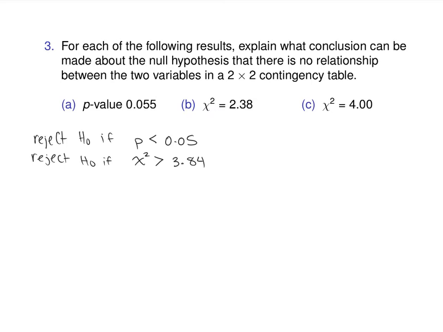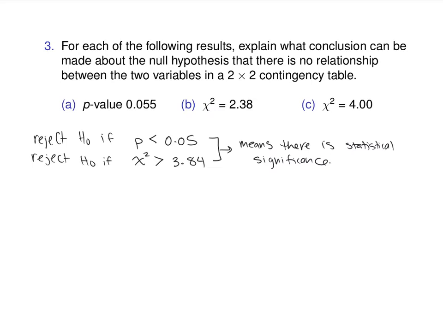So this means there is statistical significance. A lot of you were confusing that. Like you were confusing statistical significance as thinking statistical significance was not rejecting H naught. If you reject H naught, there is statistical significance.